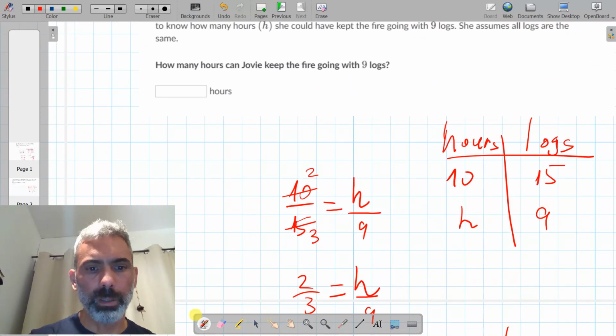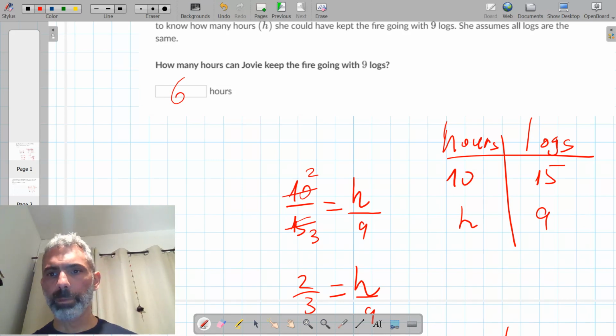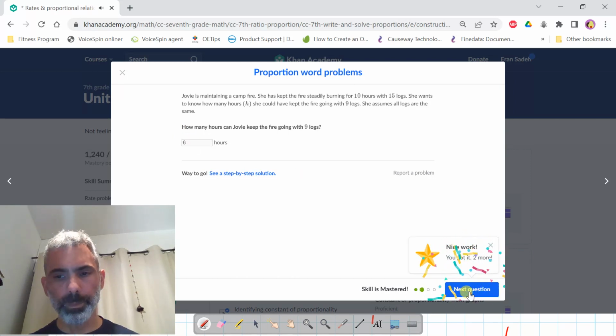So she can keep the fire going for 6 hours with 9 logs. Good.